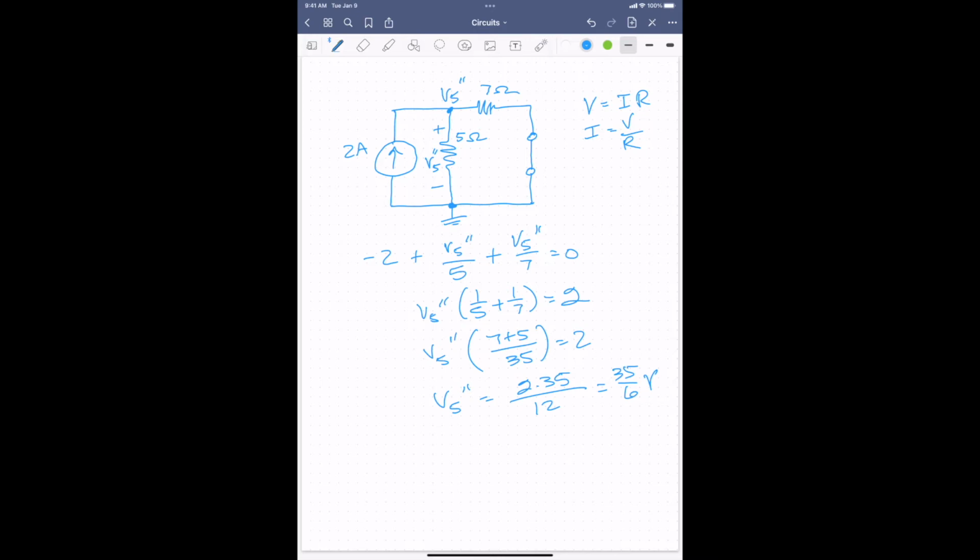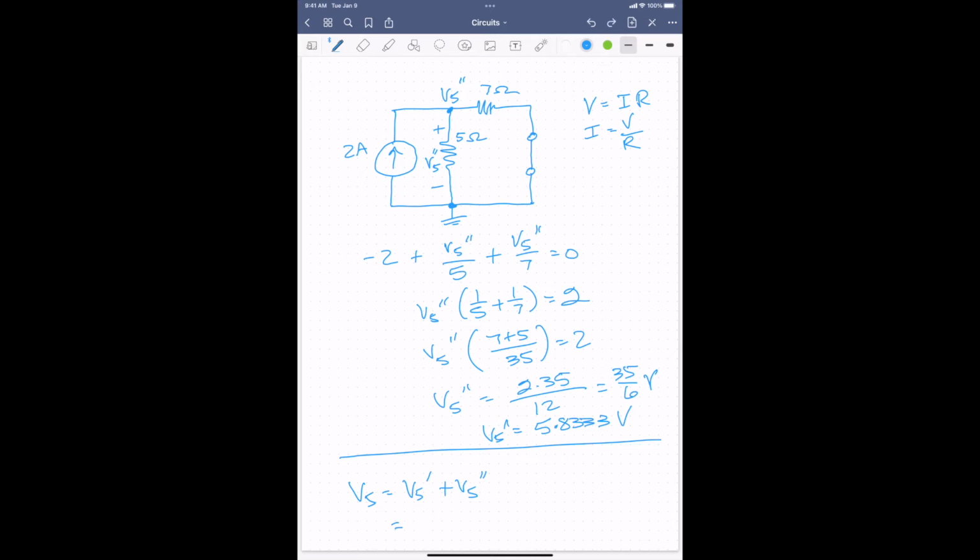Okay, and I could either write that at this point as V5 double prime is equal to 5.8333, keep a good number. But again, there's no reason not to just keep it as a fraction. To get the actual value of V5, we need to add up V5 prime plus V5 double prime. V5 prime was 2.5 volts, which is 5/2 if we care.